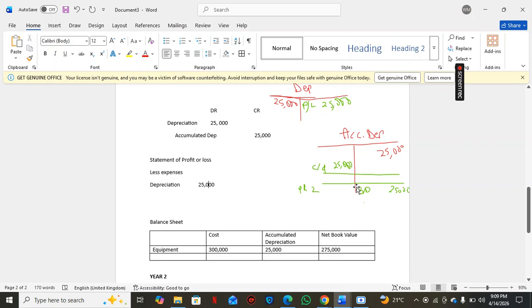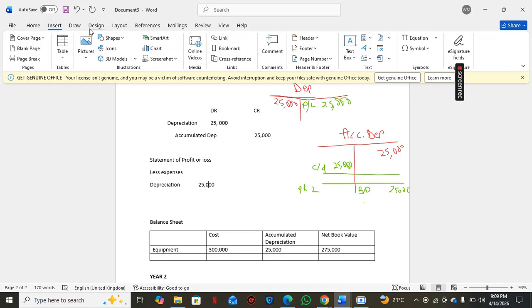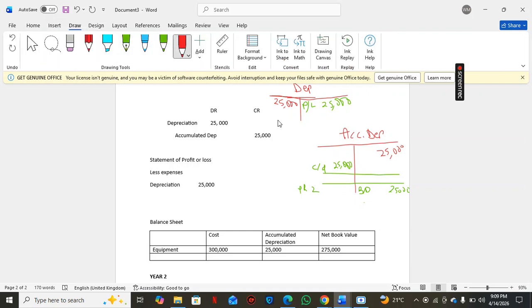Then the accumulated depreciation account, this is what happens now. The opening balance was 25,000. Then this year again, we brought in another depreciation expense of 25,000. So the total accumulated depreciation is 50,000.